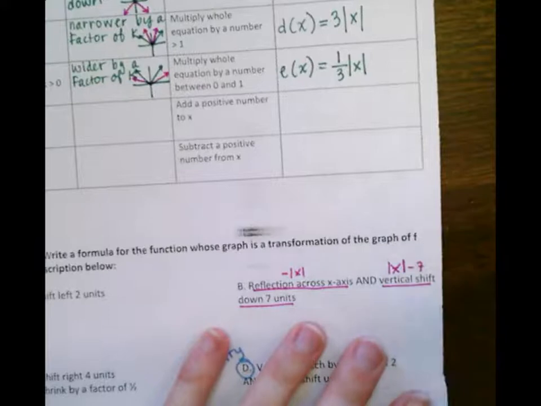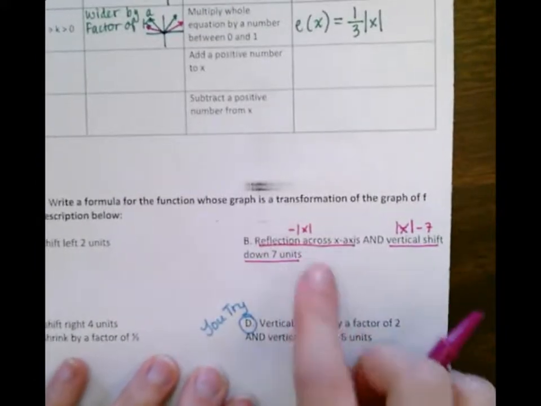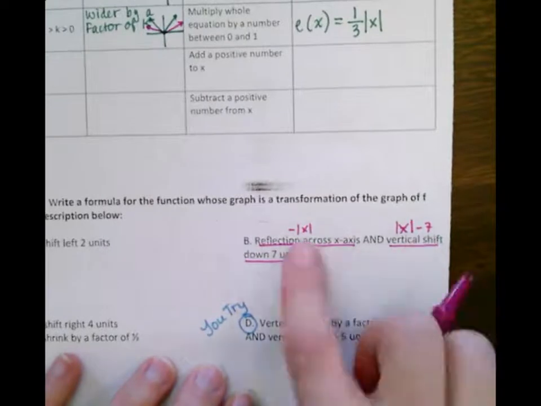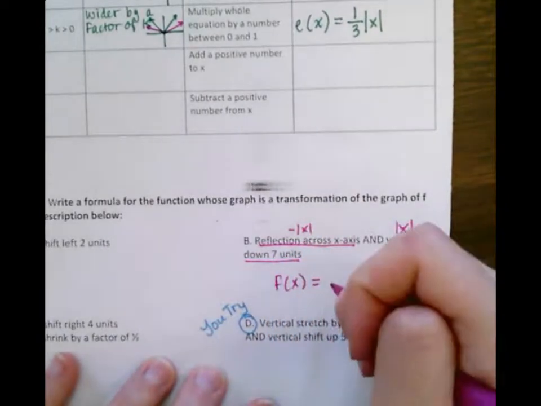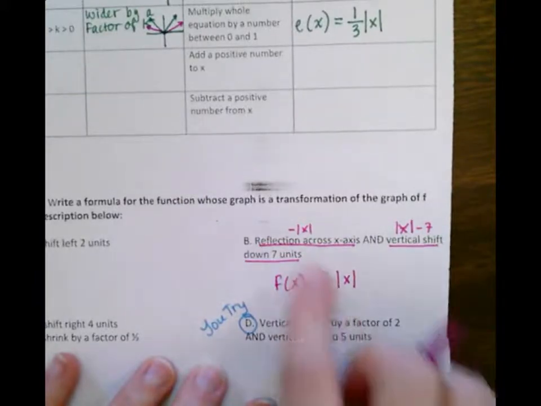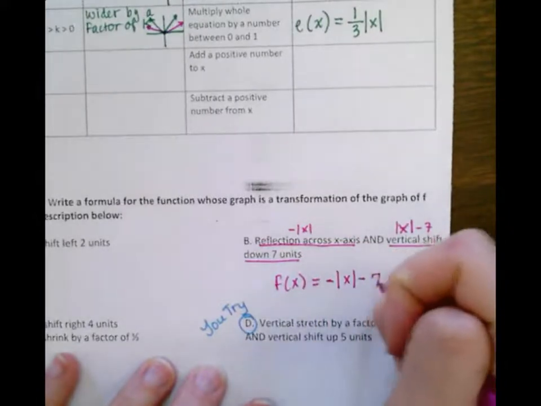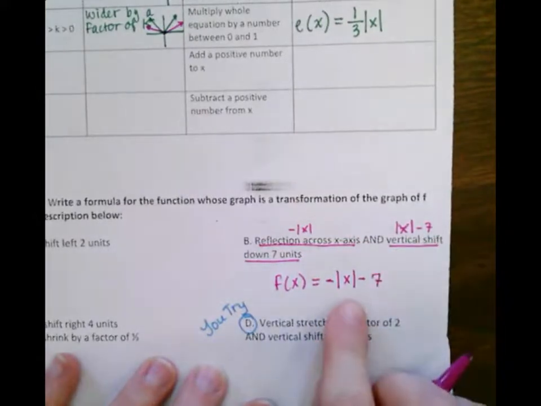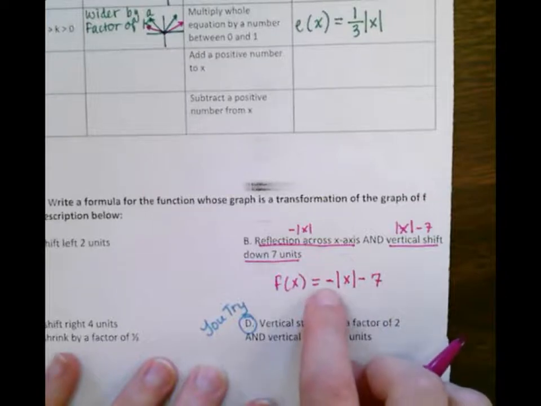But now if I want to do both of those things at the same time, then I want to merge those two different equations. So I could say f of x equals, well, I'm going to put my absolute value of x because I know it's some transformation of that. I'm going to put the negative sign out front, and I'm going to subtract 7. So this graph will both shift it down 7 and reflect it over the x-axis because there's a negative sign in front.